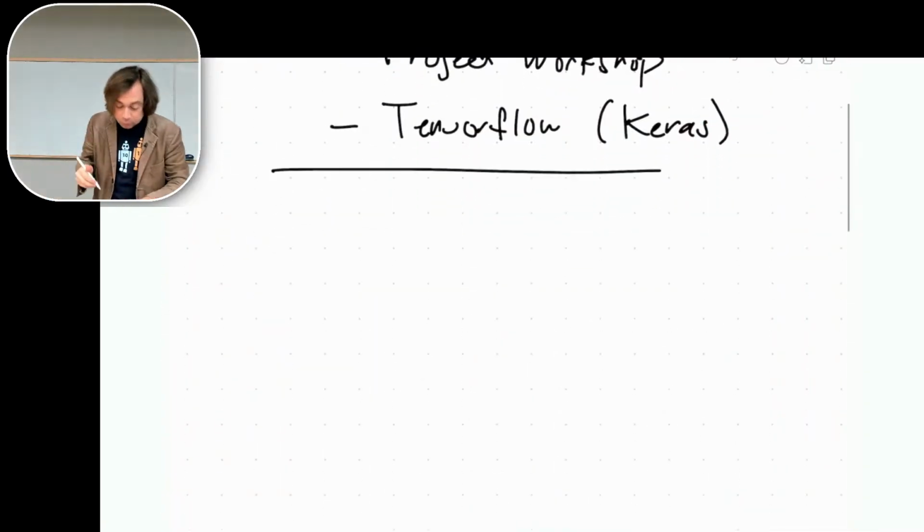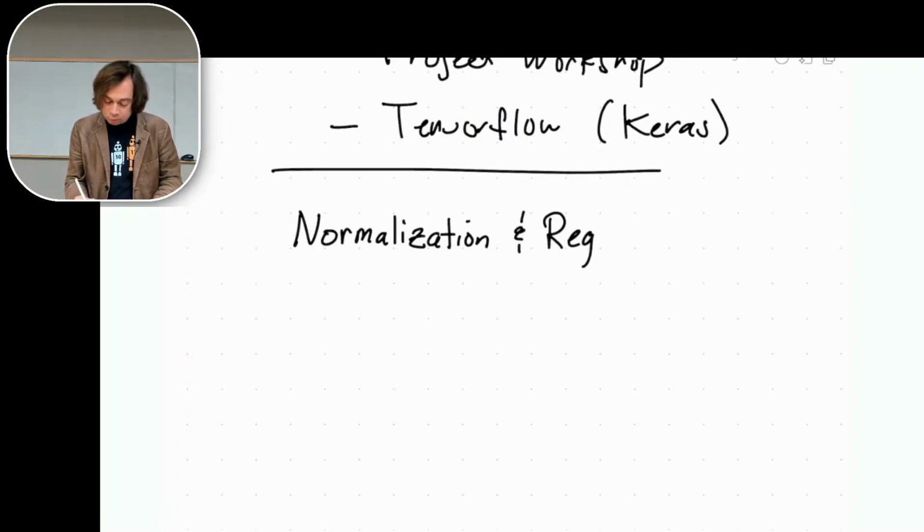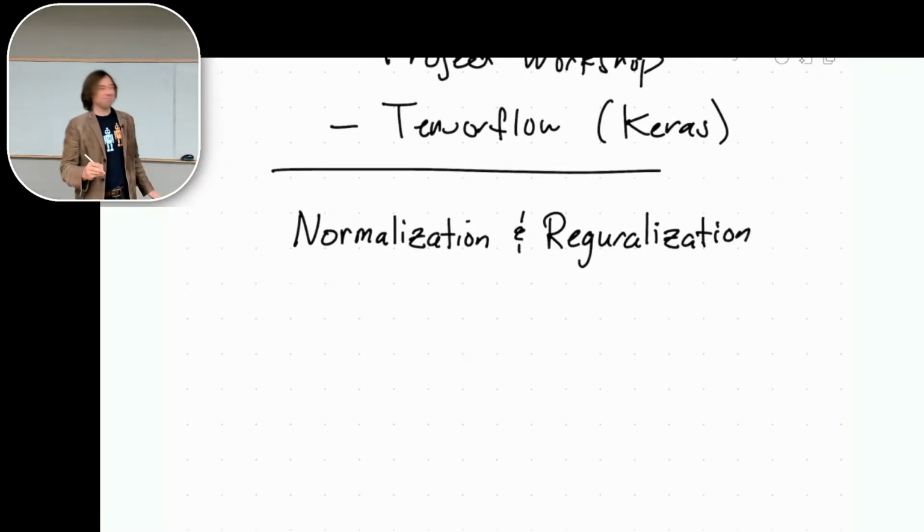So talk about 2 general categories, one of which is normalization. The other called regularization. They are not mutually exclusive, okay? And you might say, oh my goodness, they both sound like they make things kind of normal.